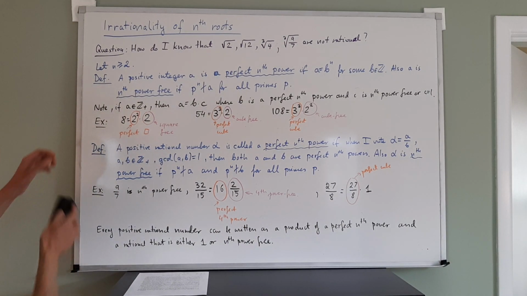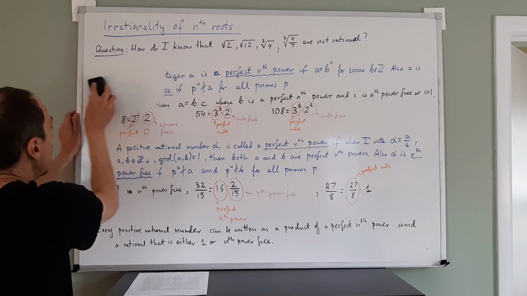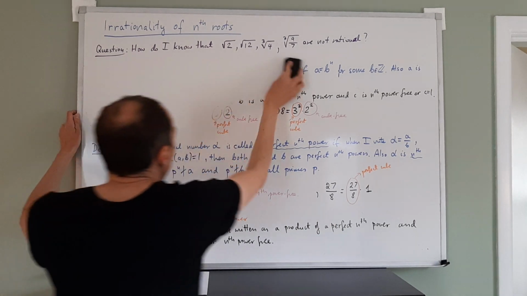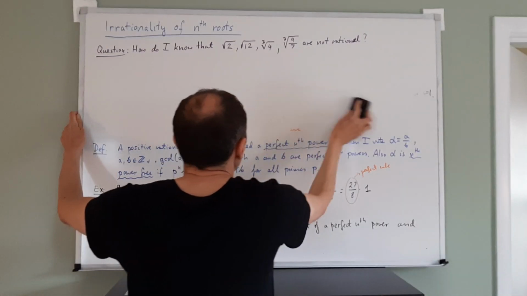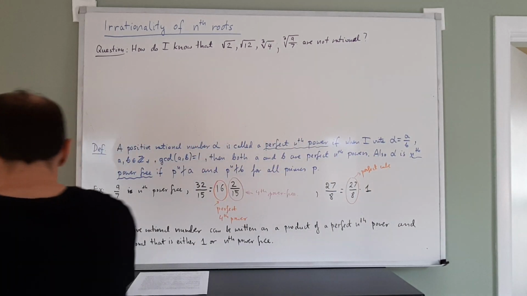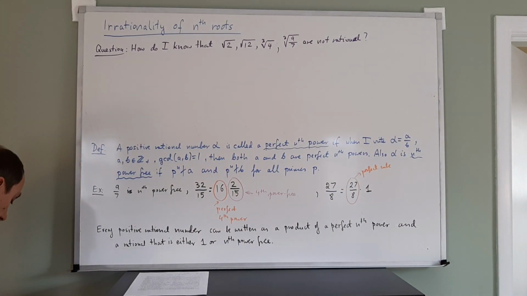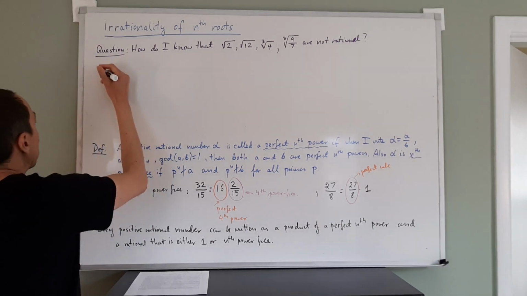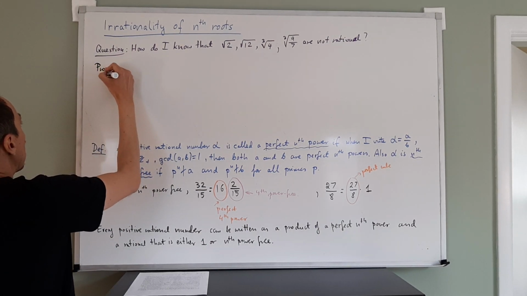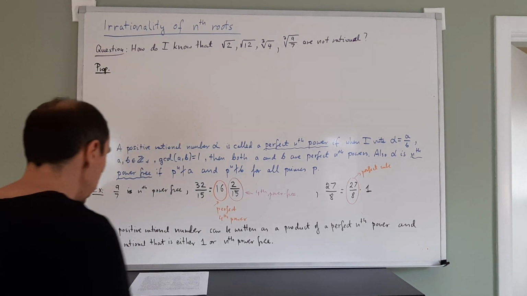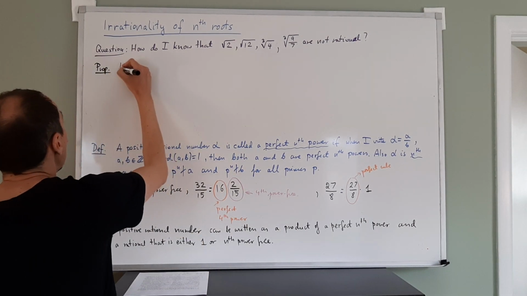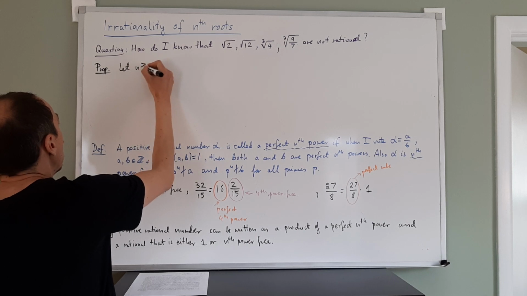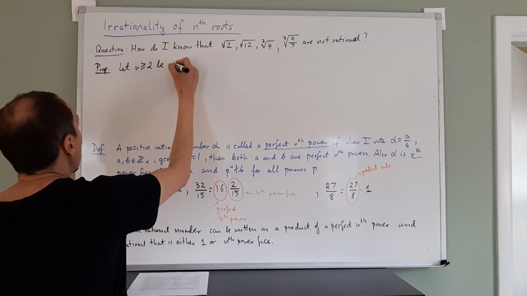Okay, so with that terminology developed, we can now actually state our theorem. It's not really a very big theorem, so let's just call it a proposition. It says that: let n greater than 2 be an integer.